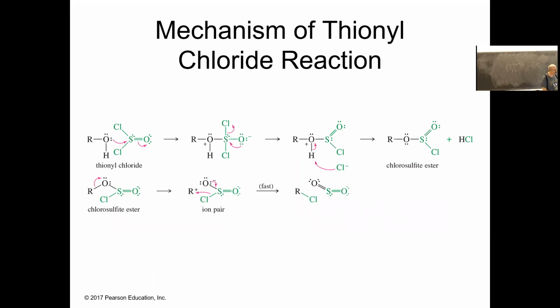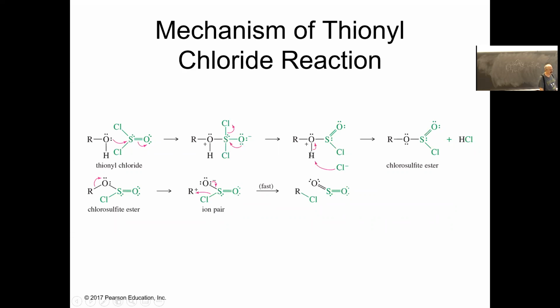So this is how it works. Sulfur is very electrophilic because it has 3 atoms which are more electronegative than it, the 2 chlorines and the oxygen. So the alcohol oxygen attacks the sulfur, and then this tetrahedral intermediate collapses. Oxygen pushes back, kicks out the chloride.